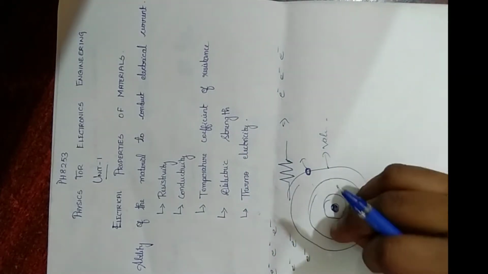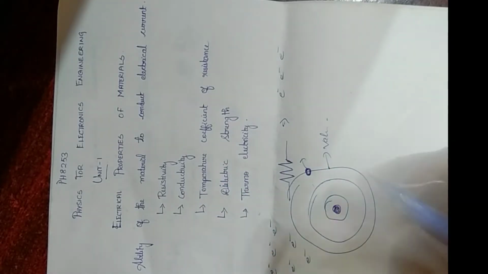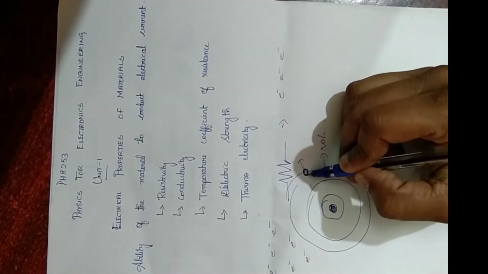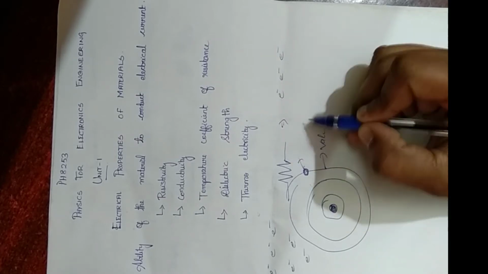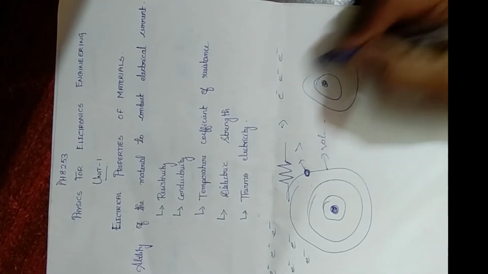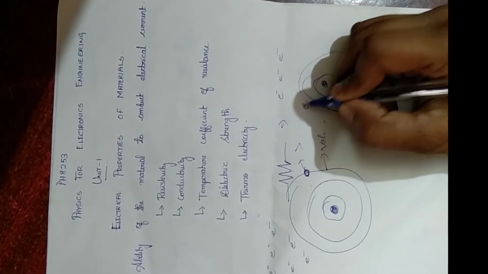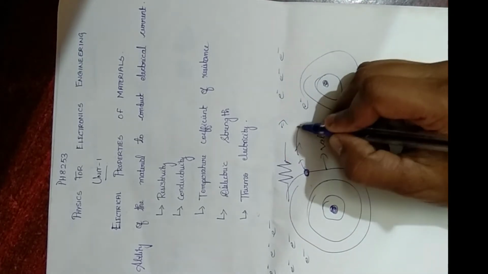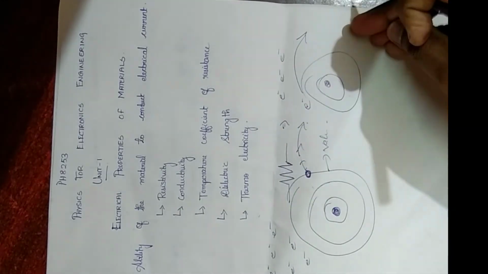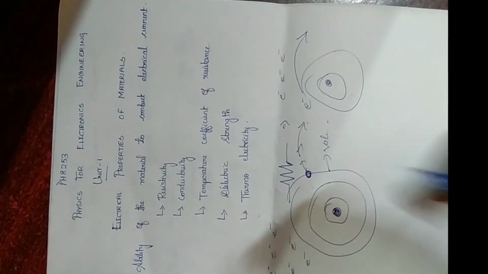This valency electron, on getting a certain amount of energy, gets excited and jumps out of the bond and forms a free electron. This free electron starts to bounce from one atom to another to form the conductive path. The free electrons from all atoms flow in the direction of the electric field.